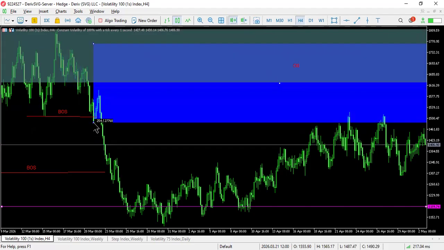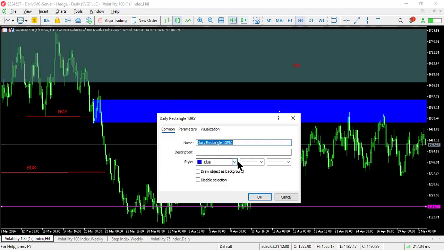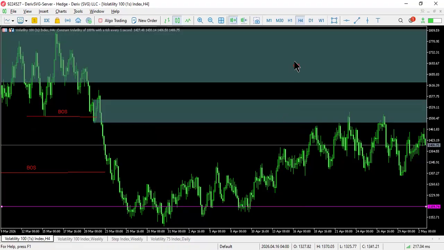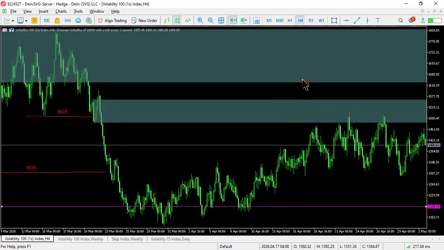Adjusting our order block, it's going to be at this level. Adjusting our break of structure, it's going to be that break of structure.